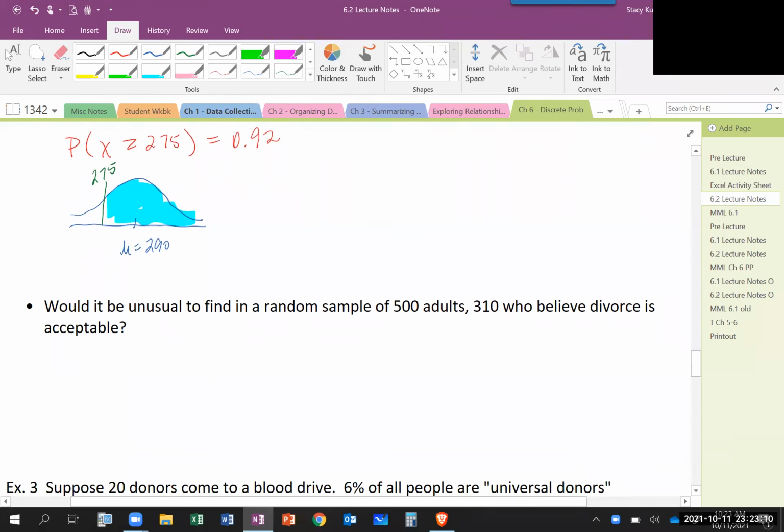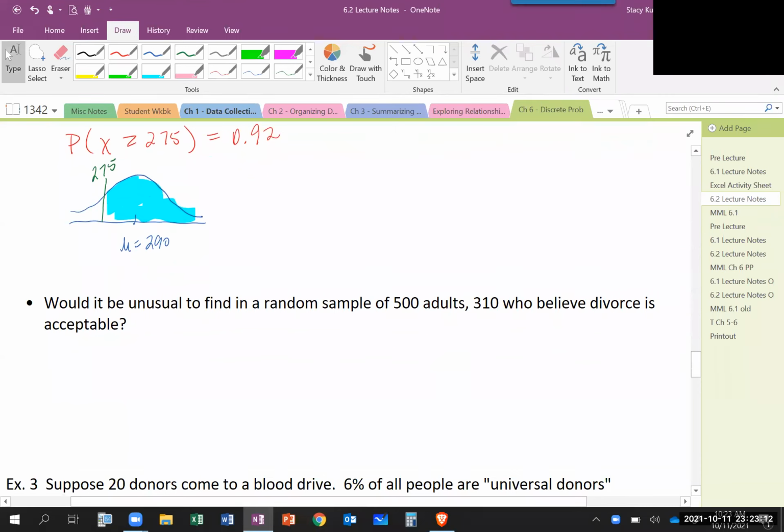So how would I write the statement then? Would it be unusual to find, in a random sample of 500 adults, 310 who believe divorce is acceptable? How do I write that first? P of X greater than or equal to 310? Is it greater than or equal to 310?